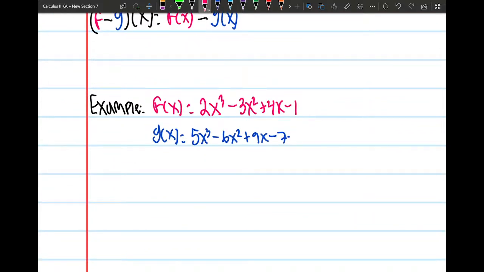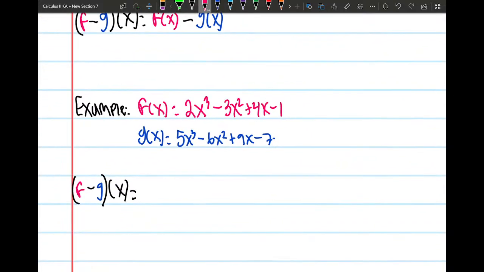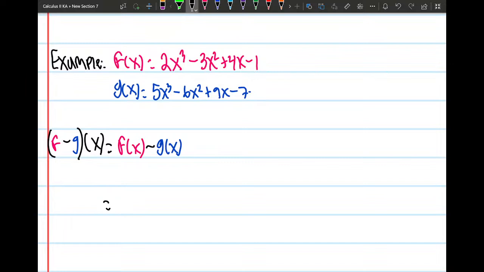So let's do that, f minus g of x. And so this means we have, again, f of x minus g of x. So basically, it's going to be equal to 2x cubed minus 3x squared plus 4x minus 1, and put this in parentheses, of course.